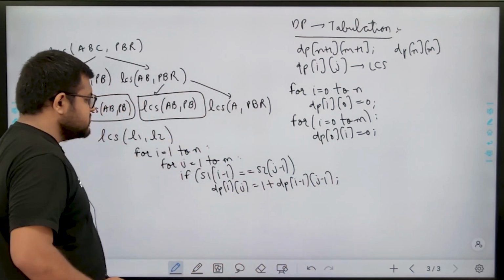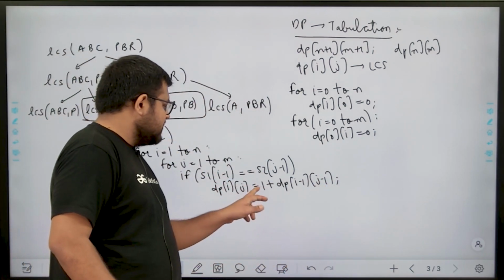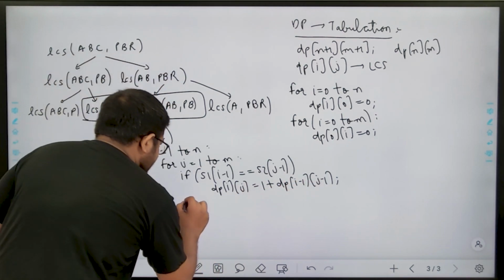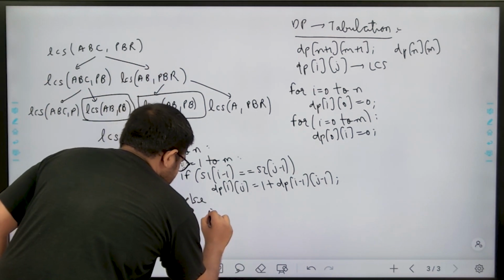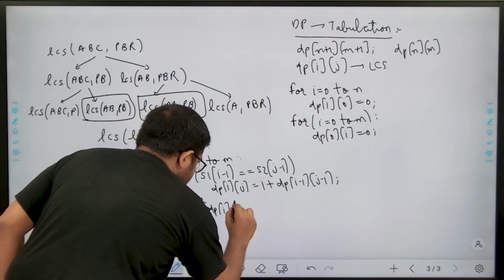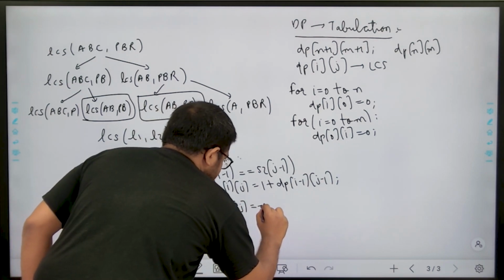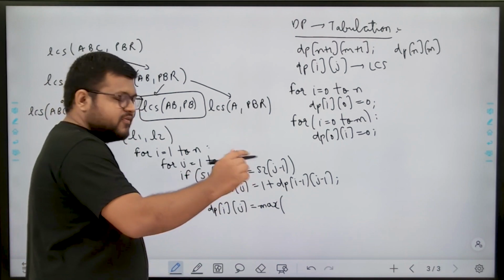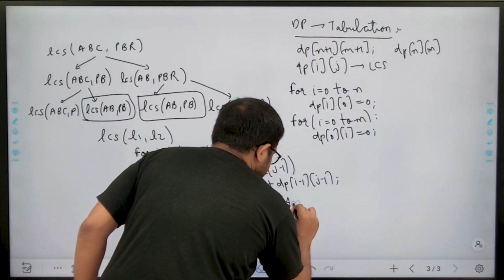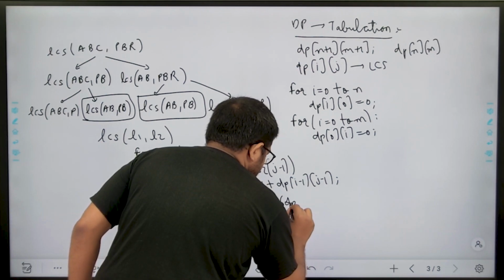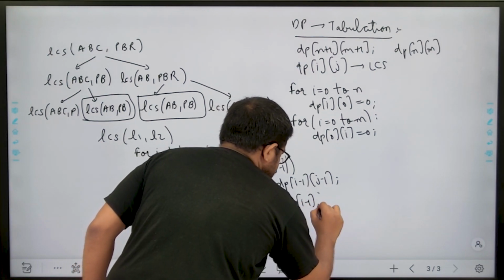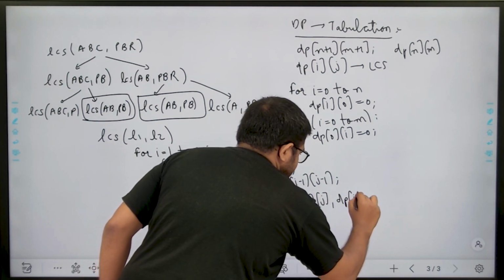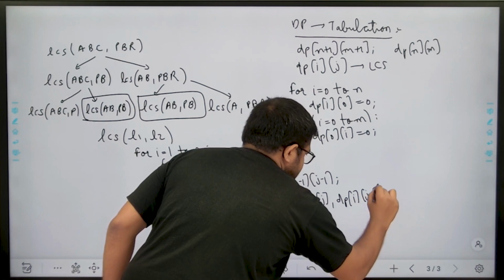As we saw in the recursive call, if they are matching, we take 1 plus dp of the remaining strings. Else, if they are not matching, then dp of i j would be the max of, we will neglect one character from both the strings in different cases, so dp of i minus 1, j comma dp of i, j minus 1.